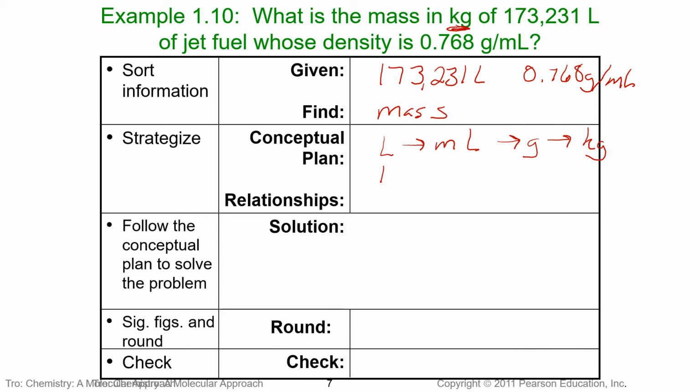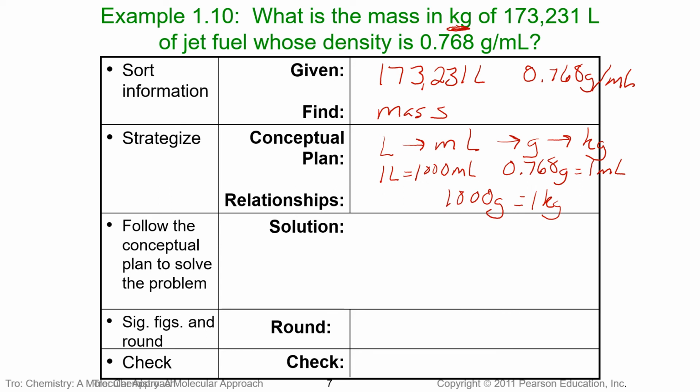So we know that 1 liter is 1,000 milliliters. We can use the density to get from grams to milliliters, or milliliters to grams. And then there's 1,000 grams in 1 kilogram. Grams are smaller, so it takes more of them to make 1 kilogram.